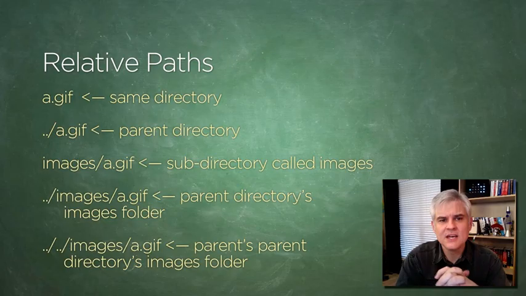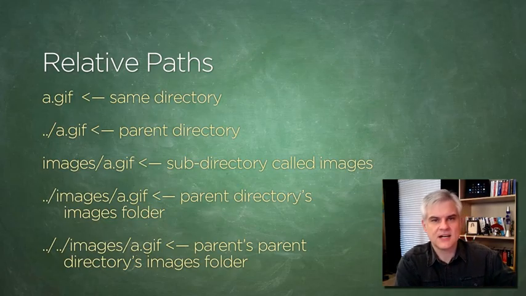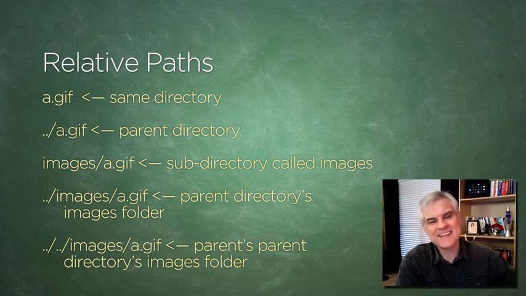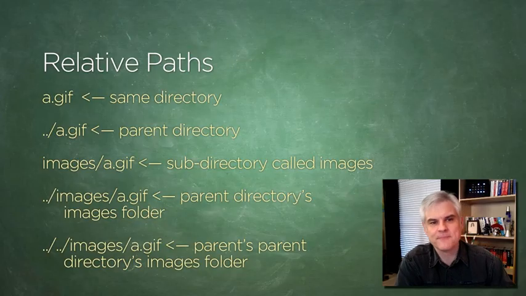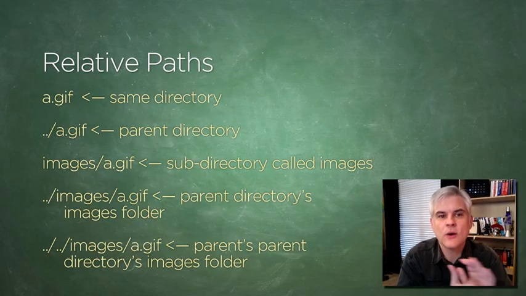And then finally, what if the images folder was deeply nested, and so we have to go to the parent of the parent folder and then find the images subfolder where our images are stored. In that case, we could do ../../images/a.gif.